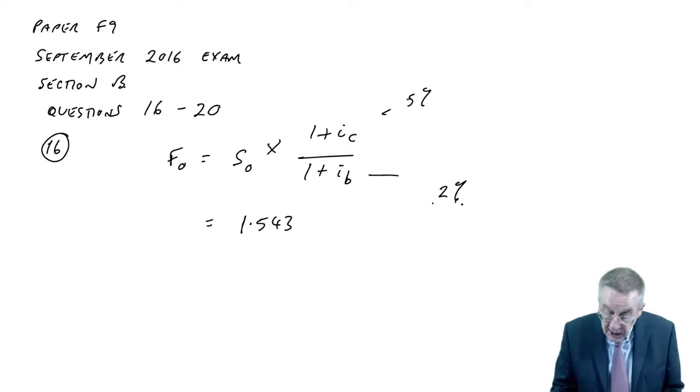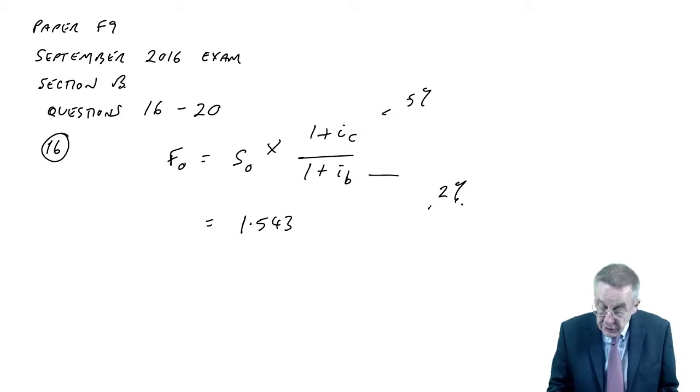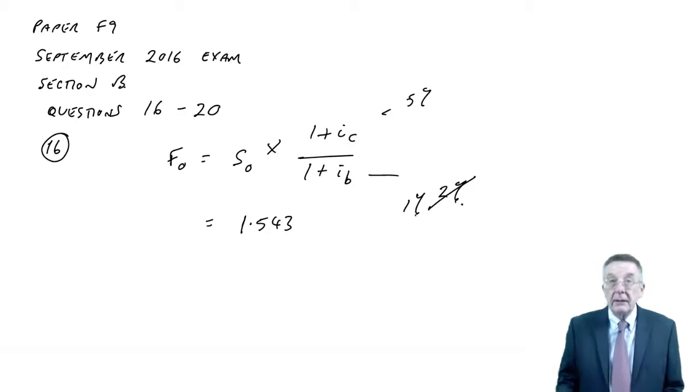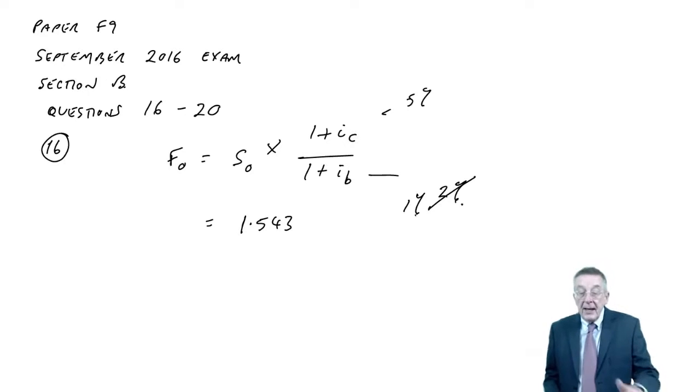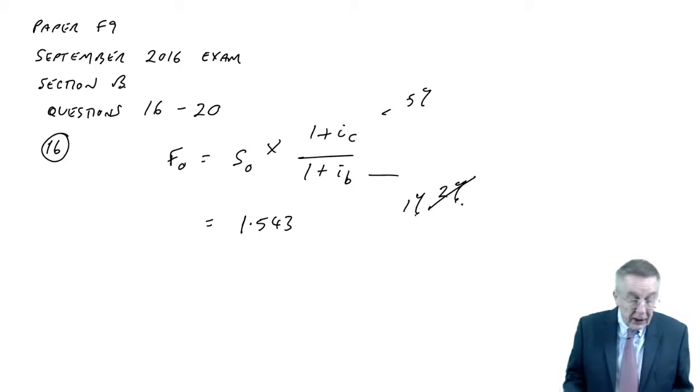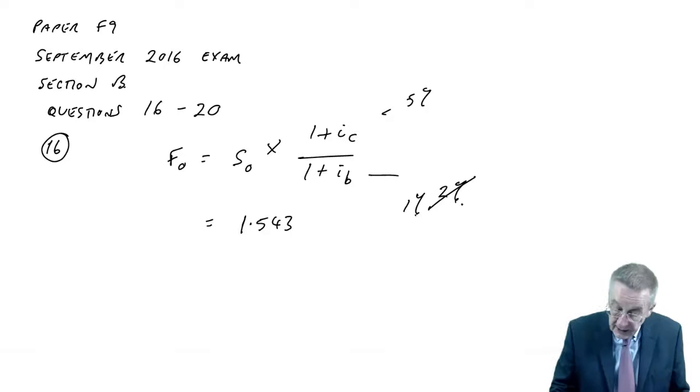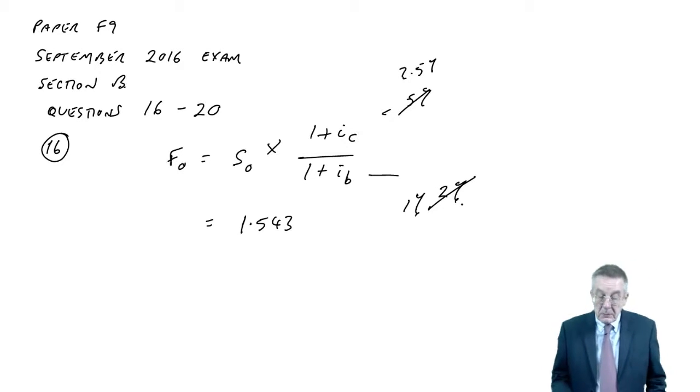So 2% a year in the dollar country is 1% over 6 months. In the euro country, 5% a year, well, for 6 months, half of it, 2.5%.